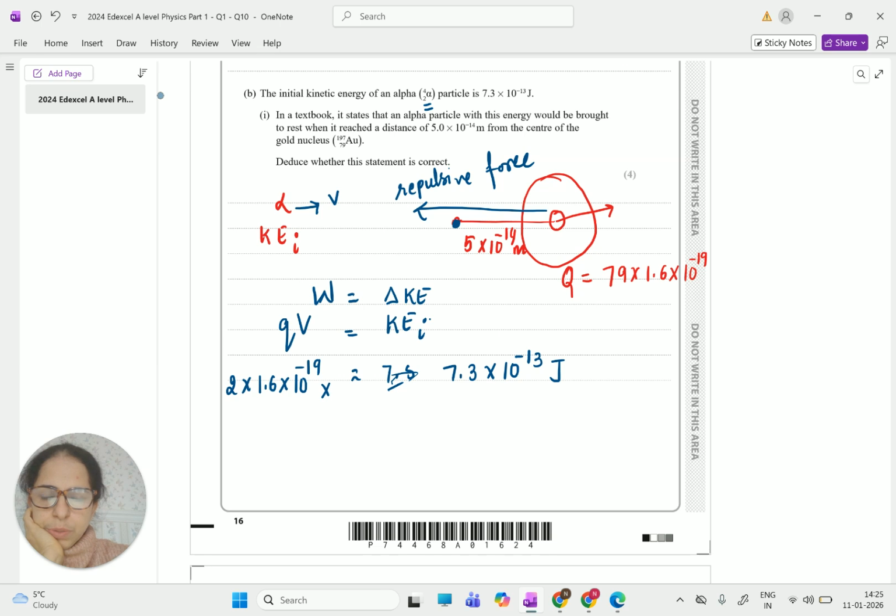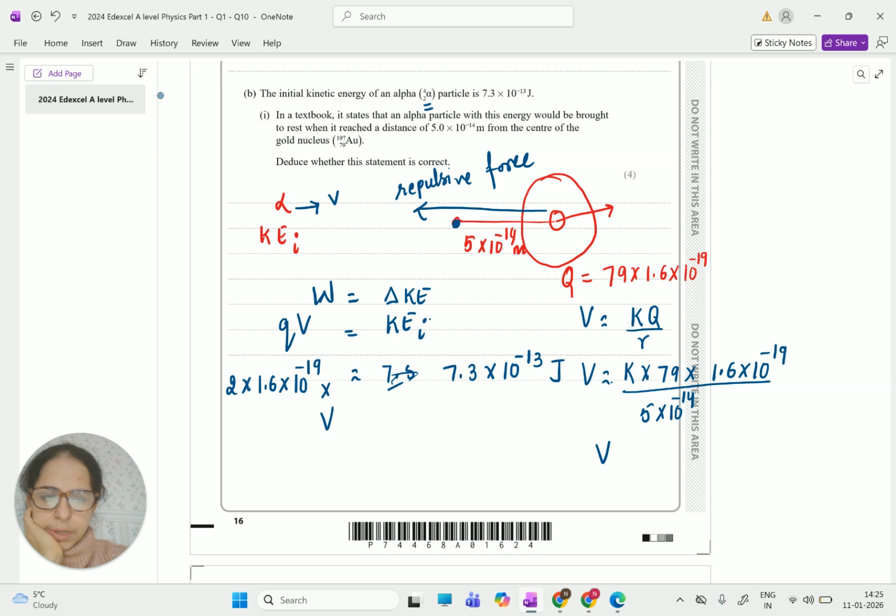The potential at this point is produced by the nucleus, so V is kQ over r. Substitute the value of k from your equation sheet, Q is 79 times 1.6 × 10^-19, over the distance, 5 × 10^-14.